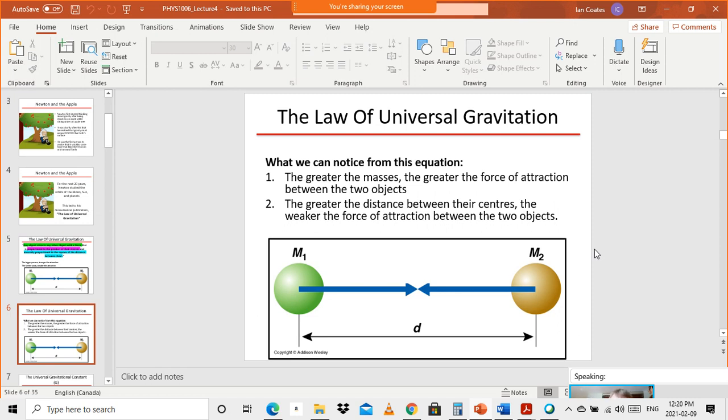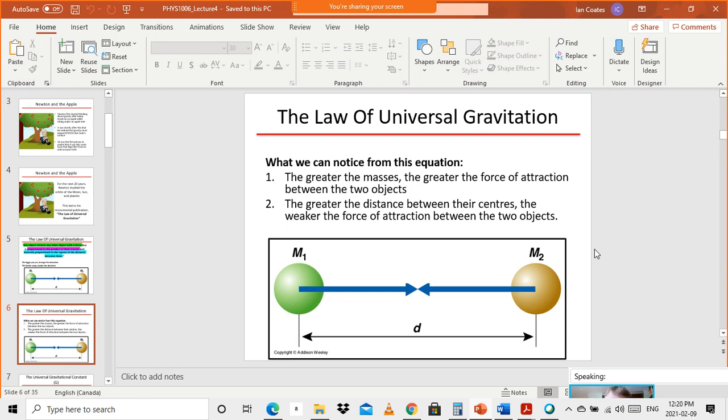The mass of the Earth is enormous. Can you imagine the force of gravity on everything? Well, we don't have to imagine. So the greater the mass, the stronger the attractive force.